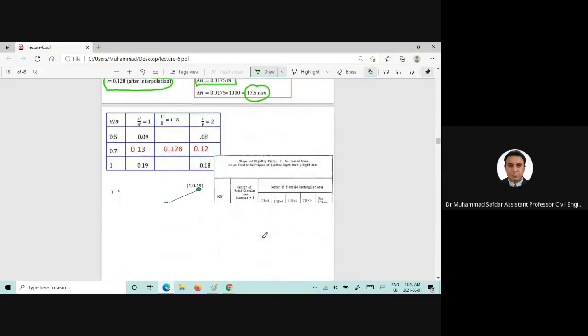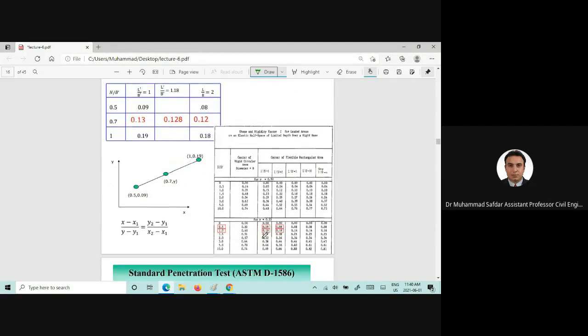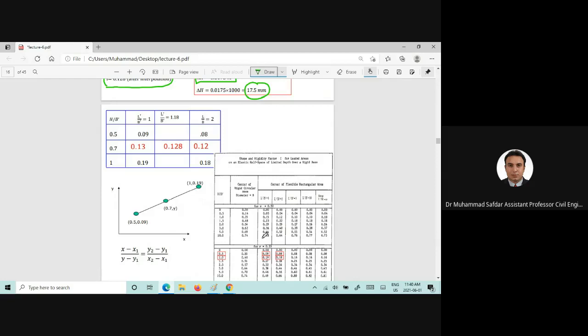Now, how we can find out the I factor or the shape and rigidity factor, and how we can use the linear interpolation. So we were given the x1 value and x2 value and x value. Now we are given the y1 value, the y2 value, and we need to find out the y value.